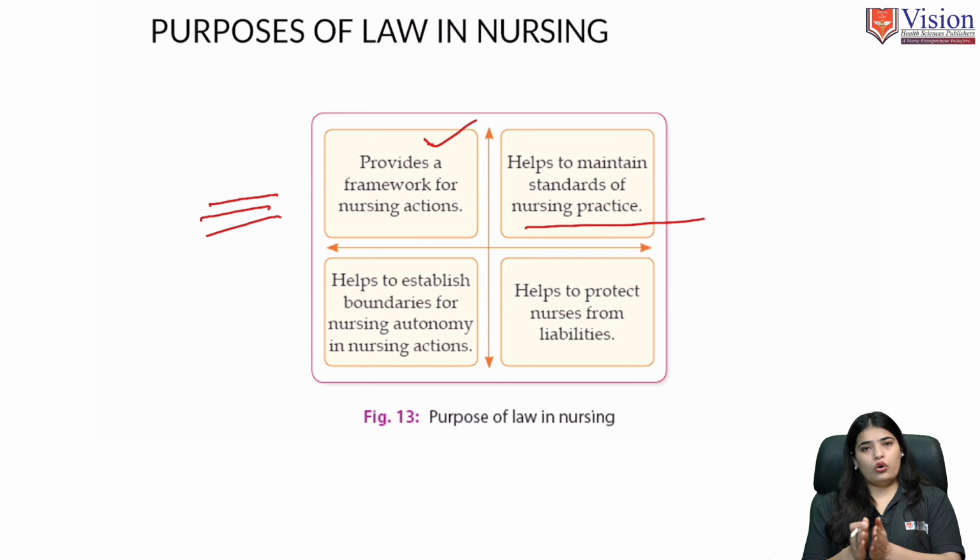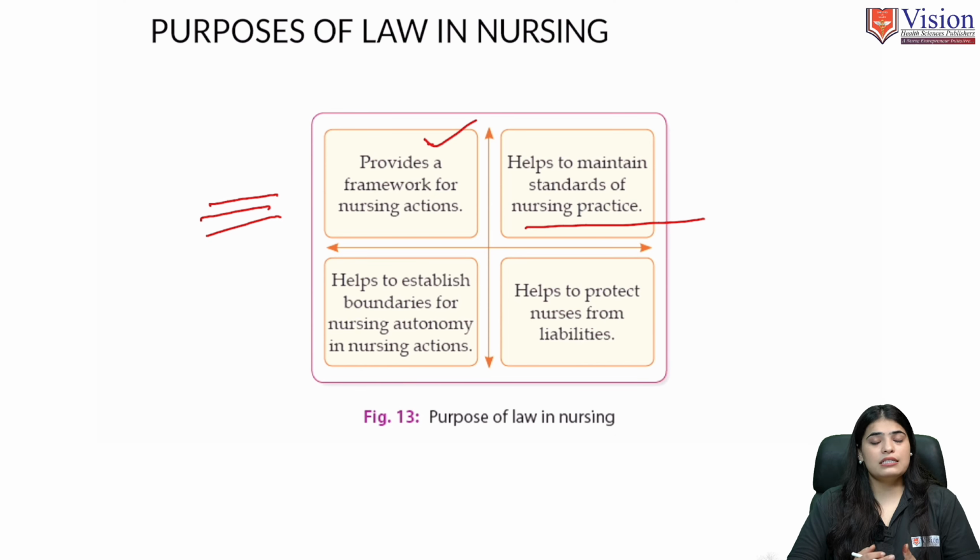Okay, as we all know, nursing is an autonomous profession. There are many things that a nurse can decide for the patient, but there are boundaries too. And as a nurse, you should know what your autonomous boundaries are and what they are not. Okay, what decisions you can make and what decisions you cannot make as per the laws. And it helps to protect nurses from liabilities. Laws are also for the protection of nurses.